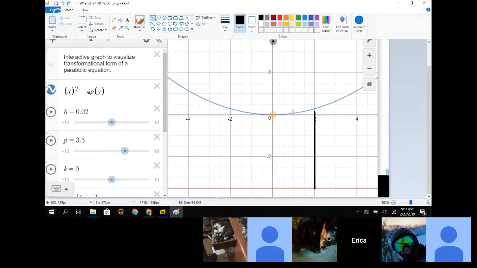There we go. If I drew a line from here to here, and then I drew a line from here to here, then what's true about these two lines?